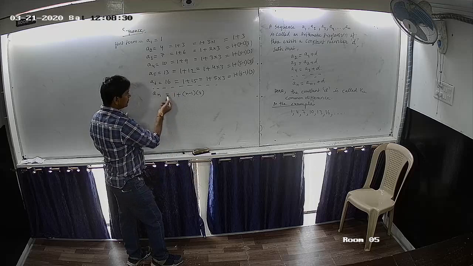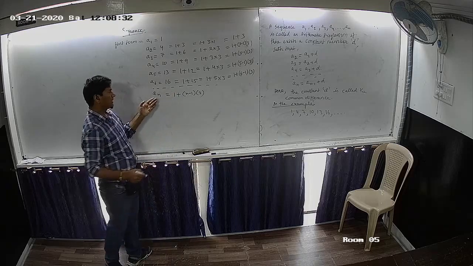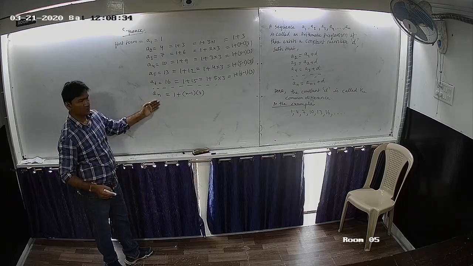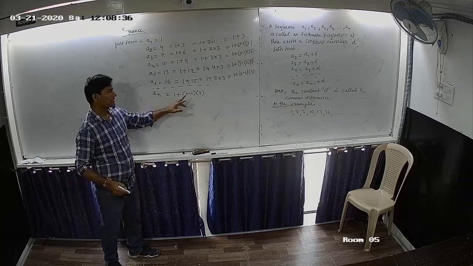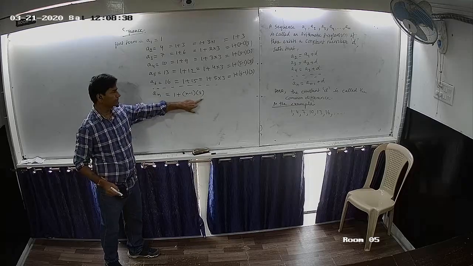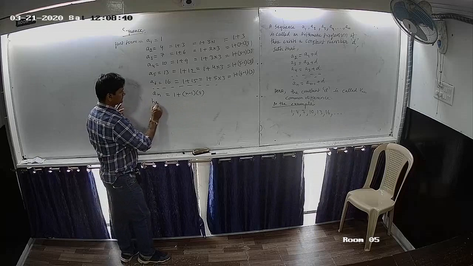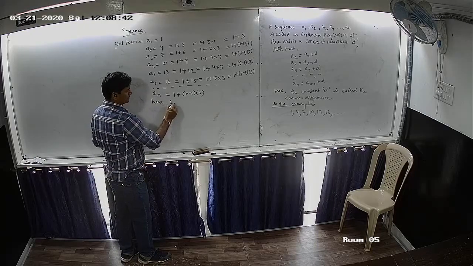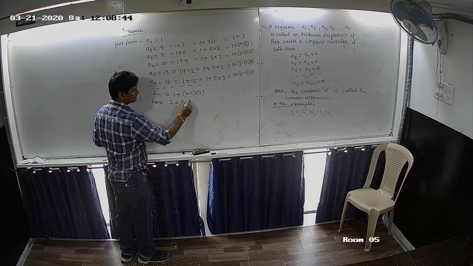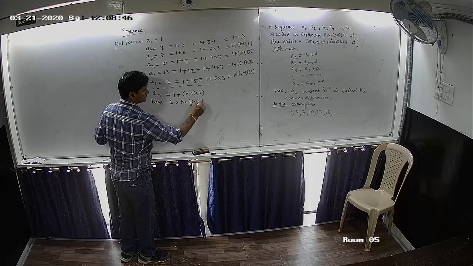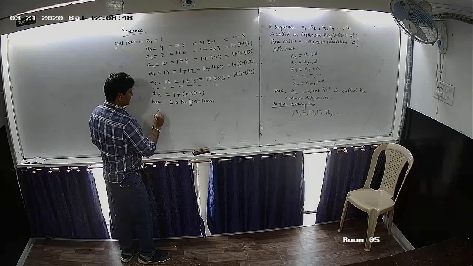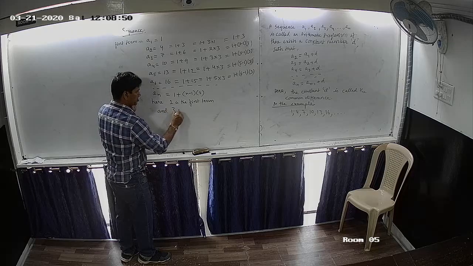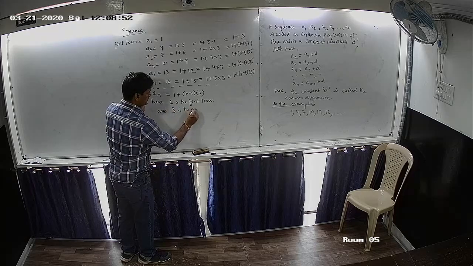In the same way, An is equal to 1 plus n minus 1 into 3. So here 1 is the first term and 3 is the common difference.